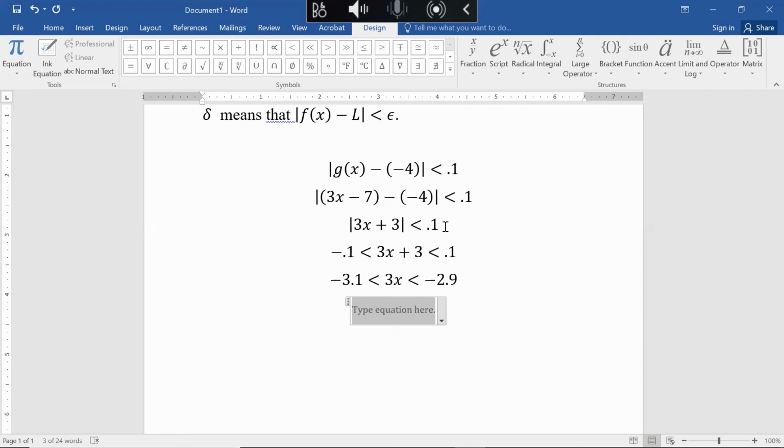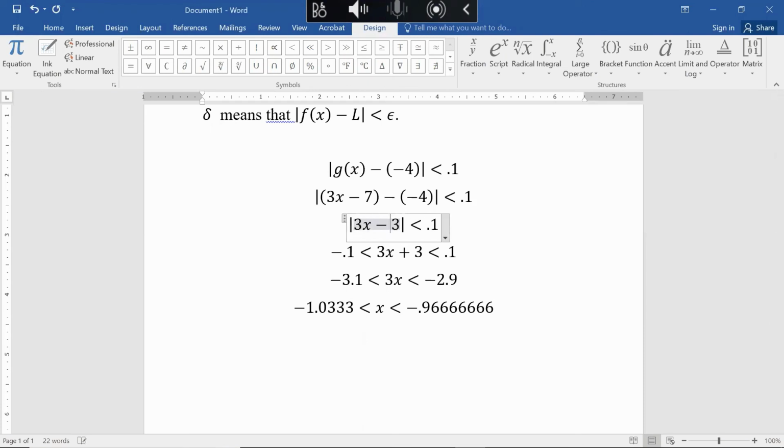If you take -3.1 and divide that by 3, you get -1.0333 repeating. If I take -2.9 and divide that by 3, I end up with -0.9666, lots of sixes.